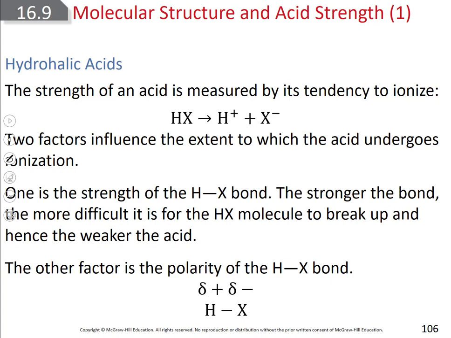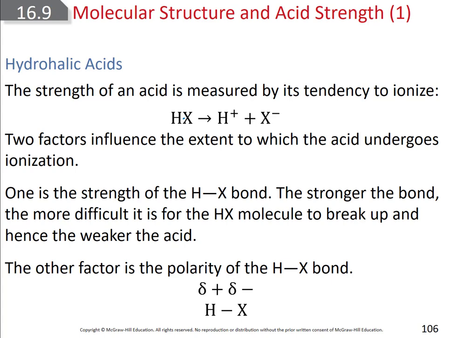So the ionization of this, the hydrogen ion comes off and you're left with the hydrogen plus ion and the halogen minus ion. So in order for this to break apart, there has to be a relatively weak bond between the hydrogen and the halogen there. The weaker that bond, the more easily it will lose the hydrogen.